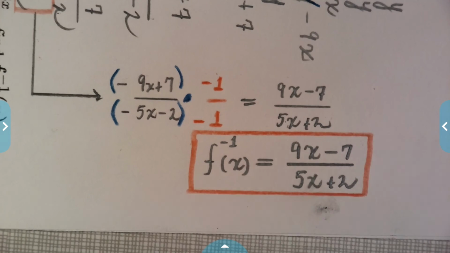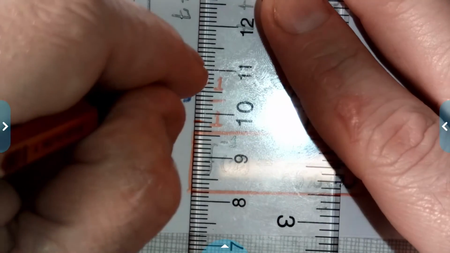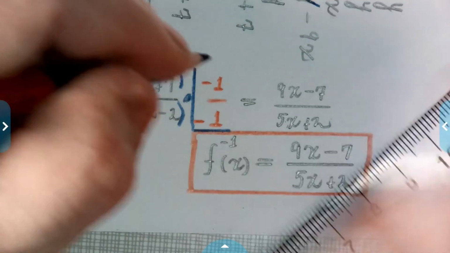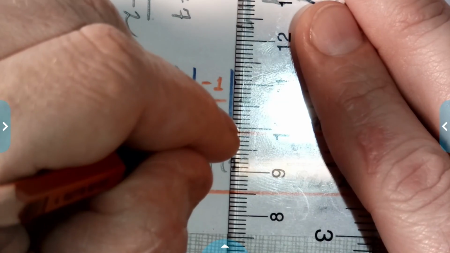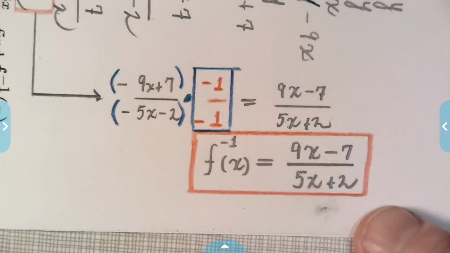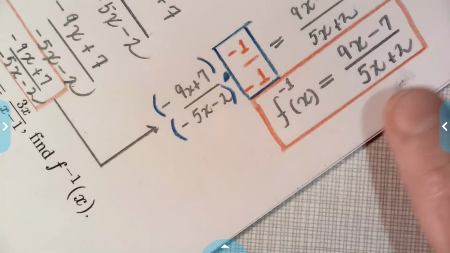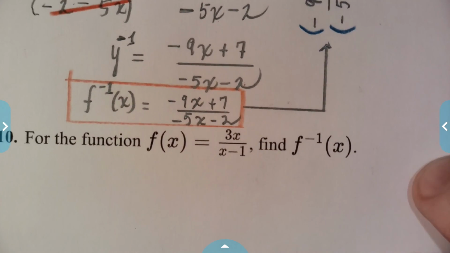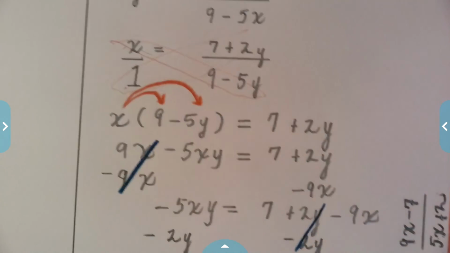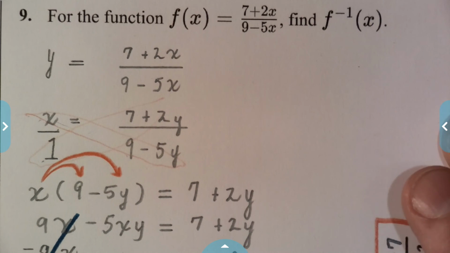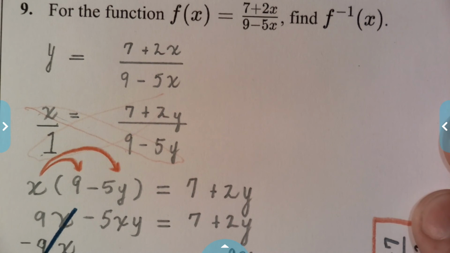The key thing is to recognize that multiplying by anything over itself doesn't change anything. It might change the way it looks, and that might be useful, but this doesn't affect the mathematical equivalence of this box to this box. They're equivalent. All right, well, that'll conclude that issue with number 9. And I hope that helped solve that problem.